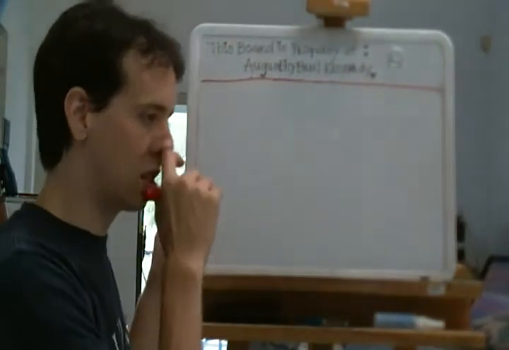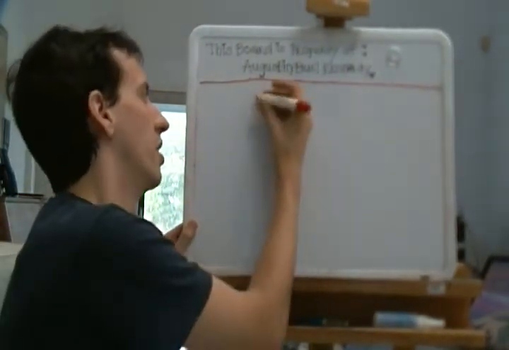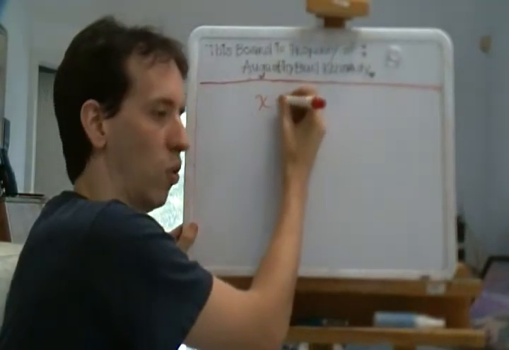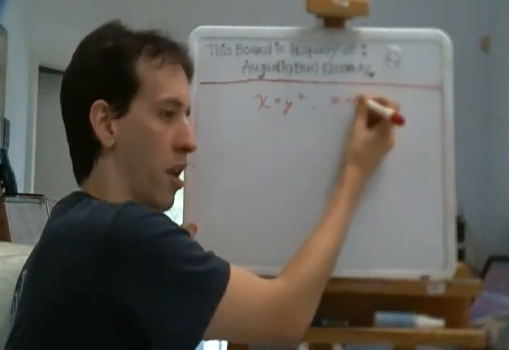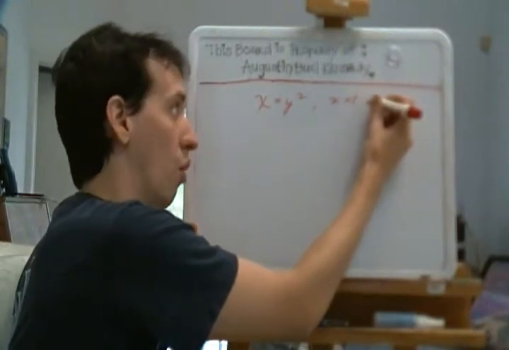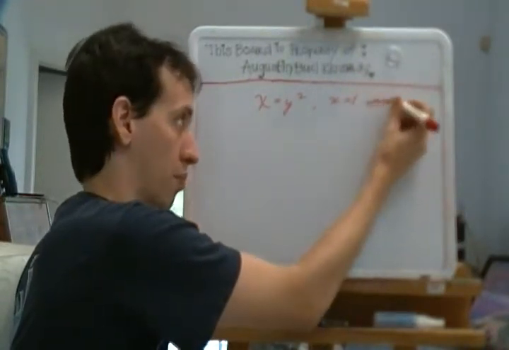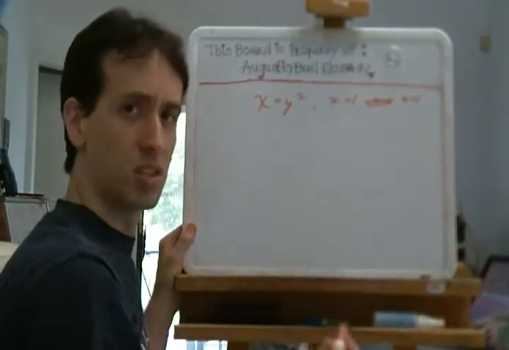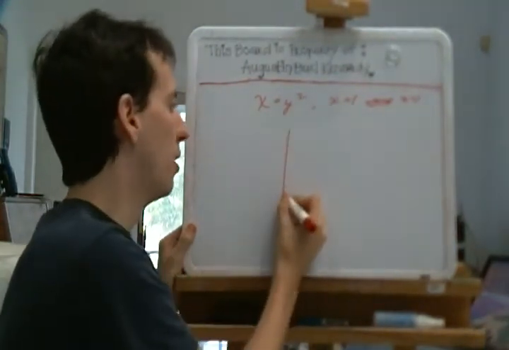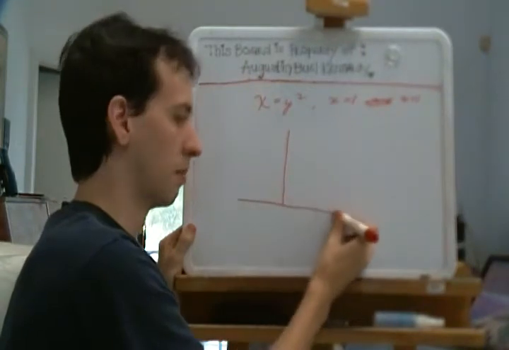Last time I asked you to find the volume of the solid x equals y squared and x equals 1, rotated around x equals 1. So this is pretty easy to set up. We know what it's going to look like.